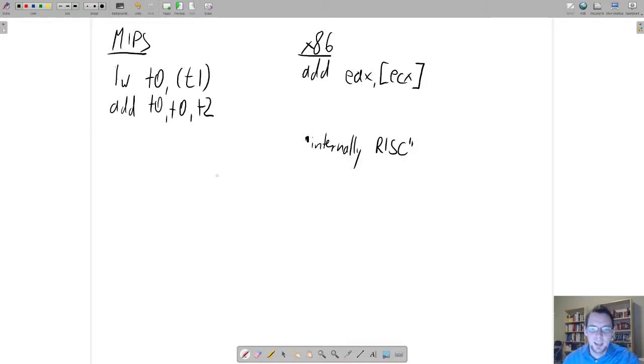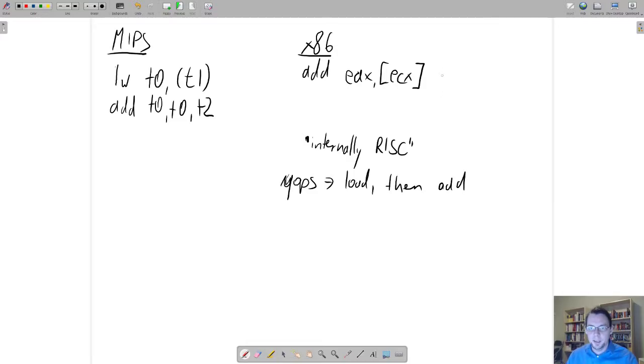Because the x86 CPUs also internally turn this into a load from whatever's in this register, followed by an actual add. Because there's these uOps, right? Micro ops. And this will also turn into a load, then add.